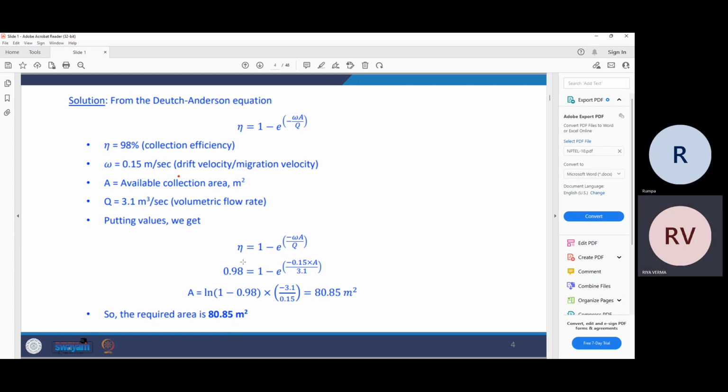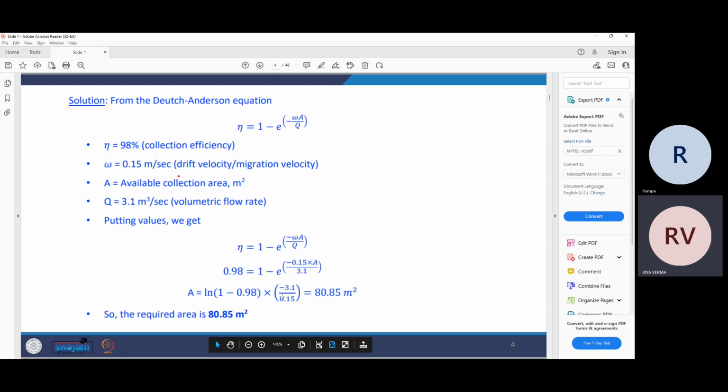Okay, so we'll put the value of efficiency at 0.98, right? 1 minus e raised to the power minus omega is 0.15 times 0.5, multiplied by the area of the plate divided by Q. What is Q here? Q is 3.1.